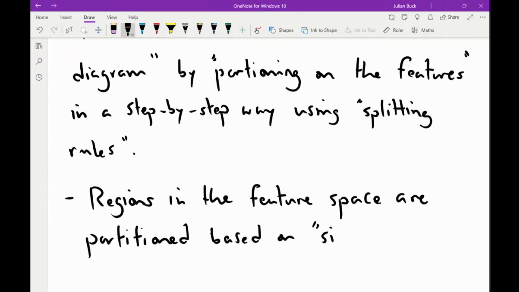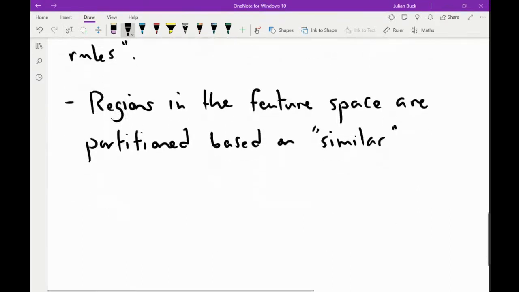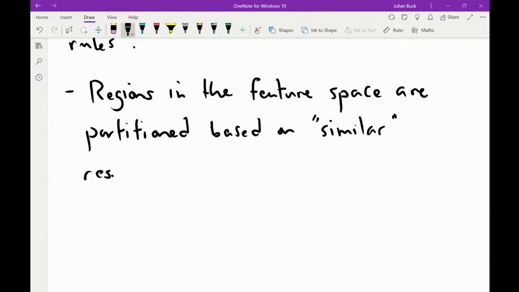Now, we need a formal, precise way to say what we mean by response values being similar, and we're going to have that. Not surprisingly, we're going to use a loss function to measure that.